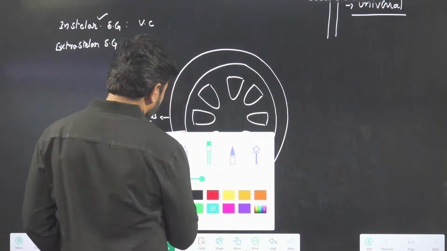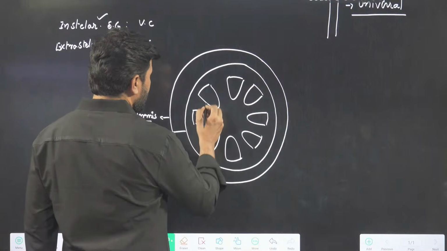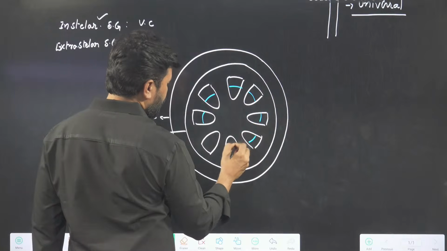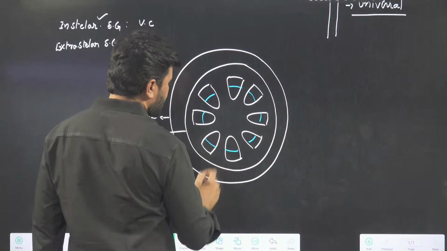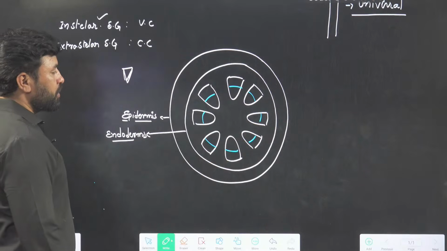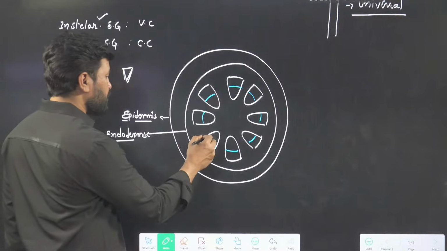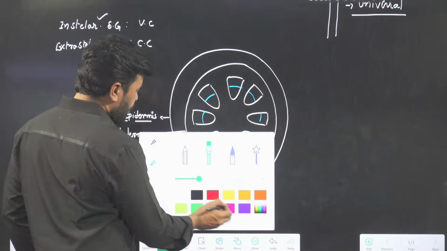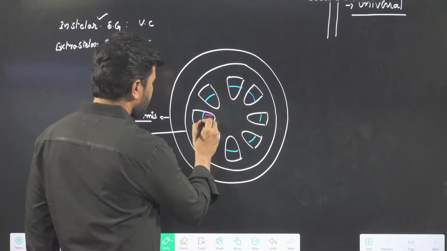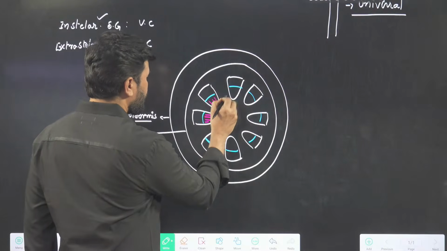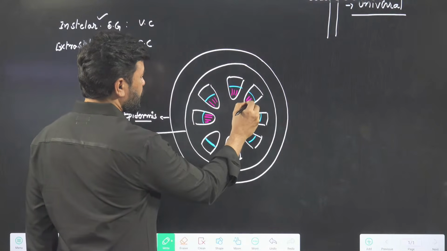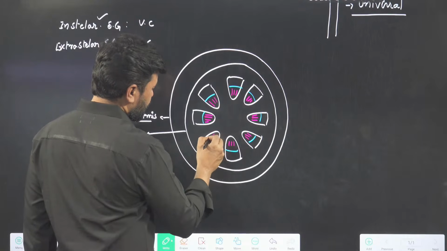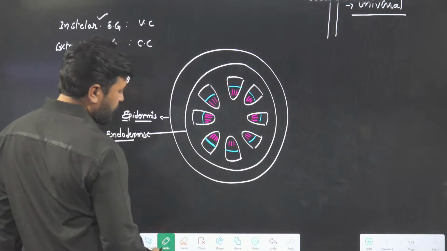We have seen that there is the presence of intrafascicular cambium, because these vascular bundles are conjoint open type. I am choosing it as intrafascicular cambium. Below the intrafascicular cambium, there should be the presence of primary xylem. That primary xylem I am decorating like this. This is primary xylem.